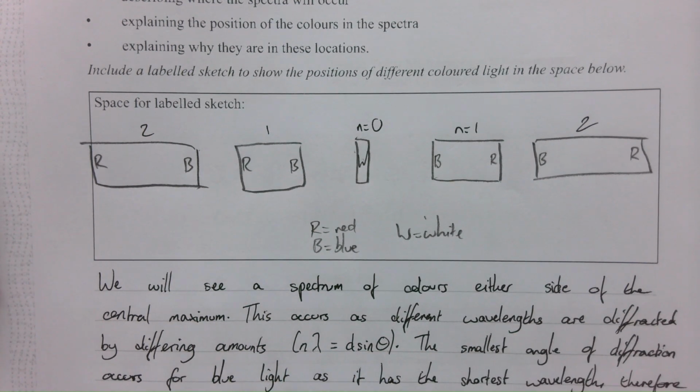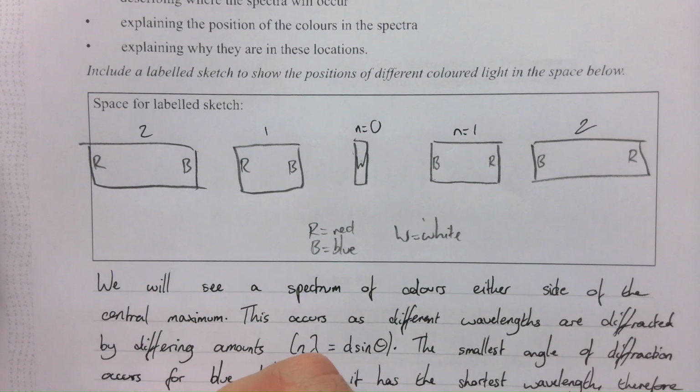Okay, so we said it's got the smallest path difference, therefore it has the smallest angle, and it's all to do with that smallest wavelength. Okay, you can then argue the opposite as well for red, sorry.